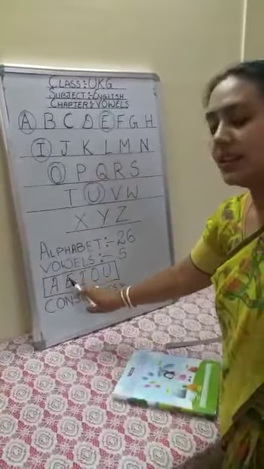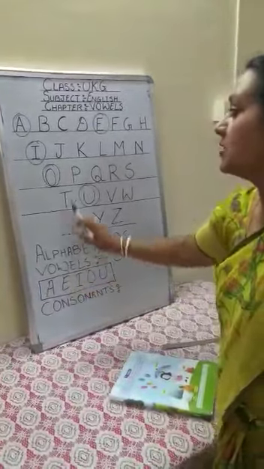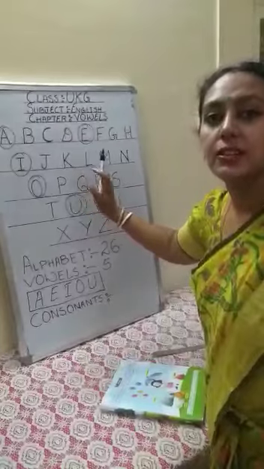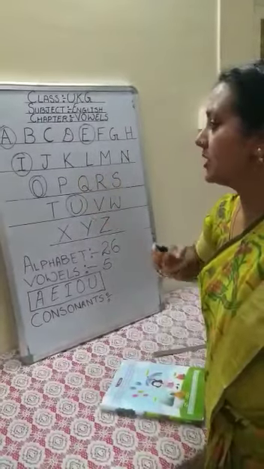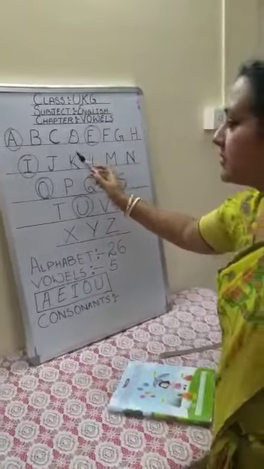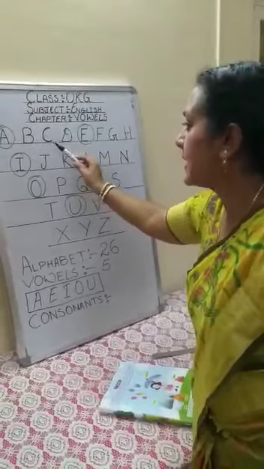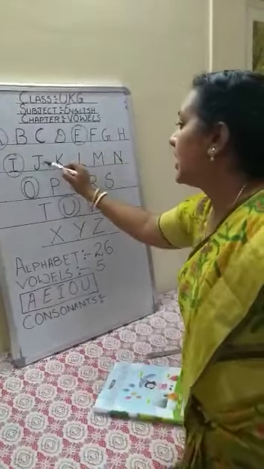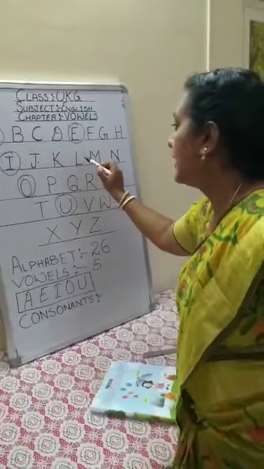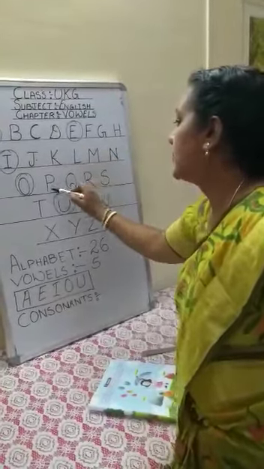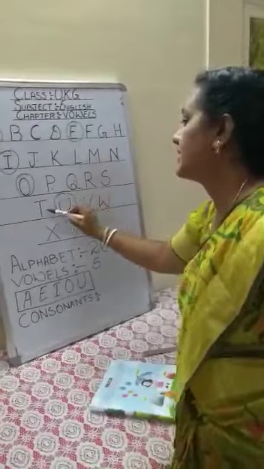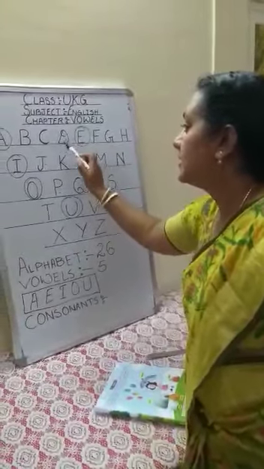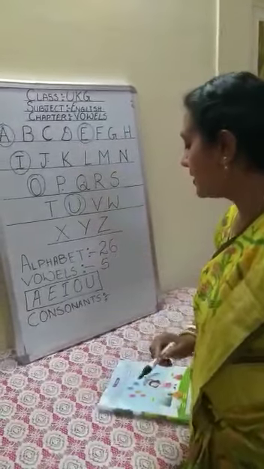These are called vowels. And the rest of the letters which are left, those are called consonants. And what are those? B, C, D, F, G, H, J, K, L, M, N, P, Q, R, S, T, V, W, X, Y and Z. These letters are called consonants.